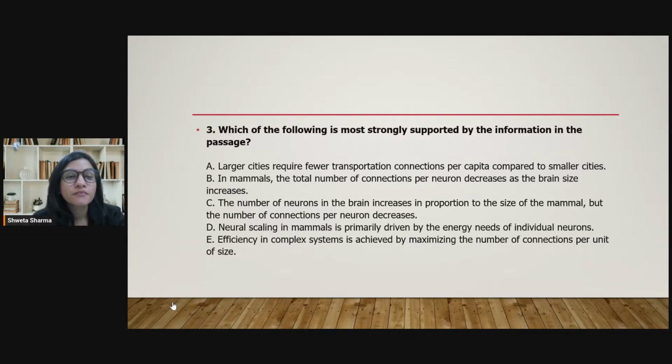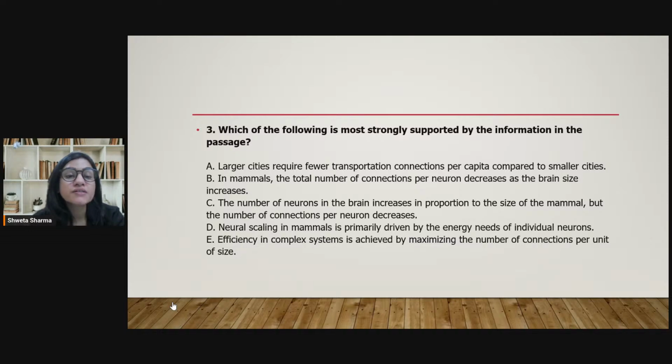All right. Which of the following is most strongly supported by the information in the passage? Larger cities require fewer transportation connections per capita compared to smaller cities. Are we talking about the connections here? Or is it in mammals, the total number of connections per neuron decreases as the brain size increases?